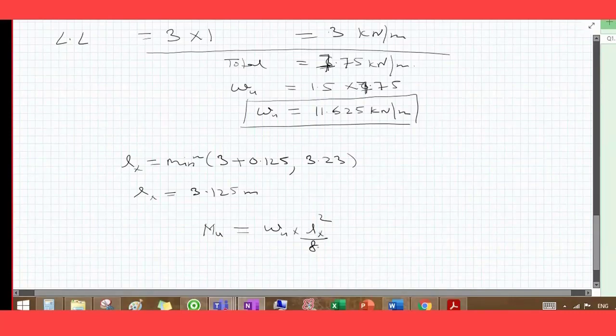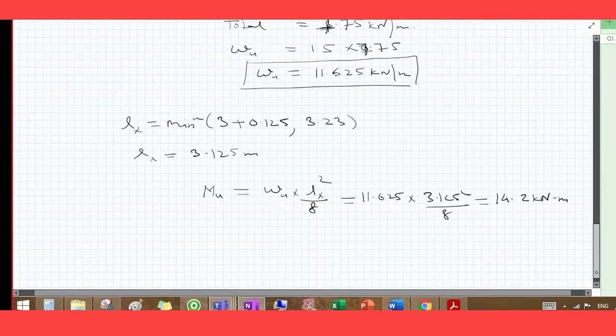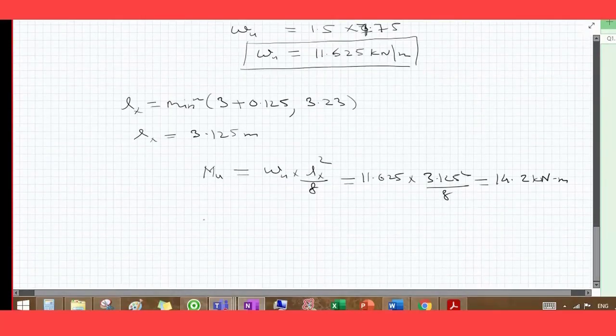So once you substitute 11.625 into 3.125 square divided by 8, you get Mu as 14.2 kilonewton meter.